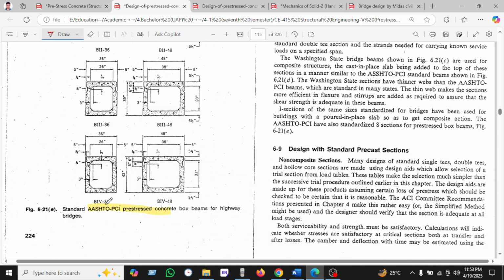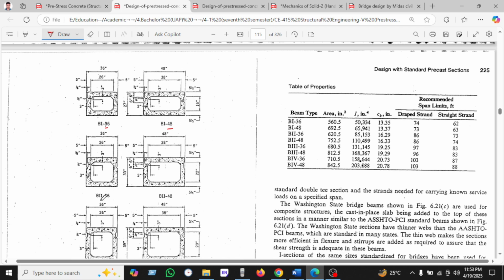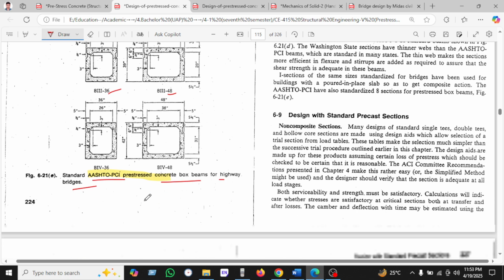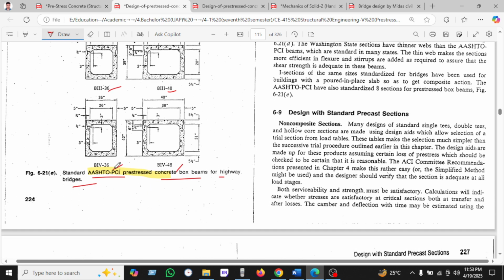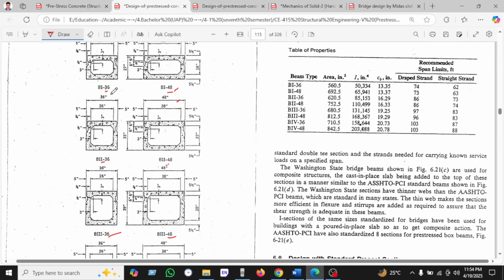Another we can see is the AASHTO standard prestressed concrete box beam for highway bridges. This is the BI-36, BI-48, and so on, with widths of 36 and 48, then B4, BI-3, B2, B1.